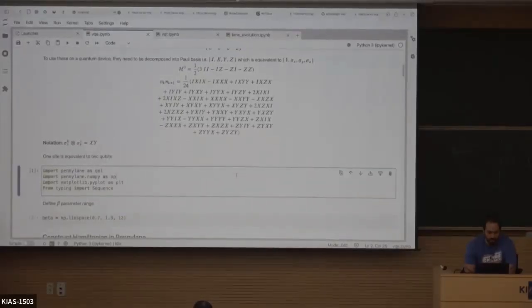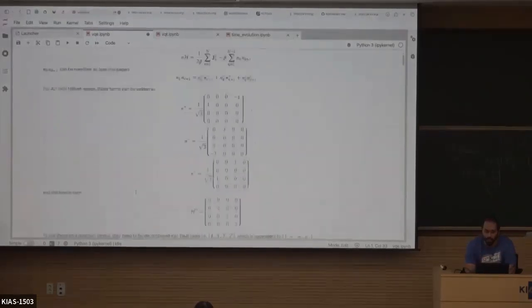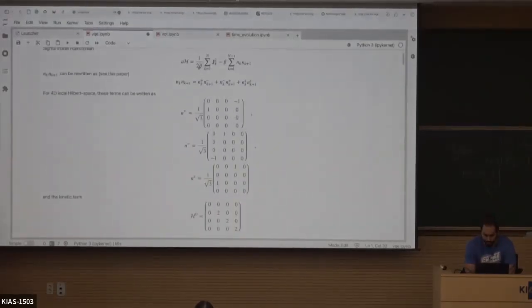So first, I'm importing all the necessary libraries. I'm going to use PennyLane as you did this morning. And I'm going to simulate this for different beta parameters. Beta is basically my coupling term, okay? Coupling strength is beta.